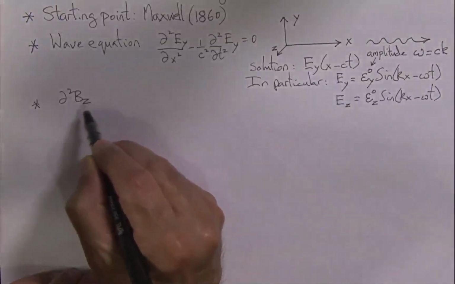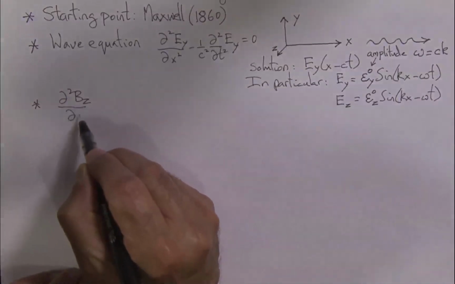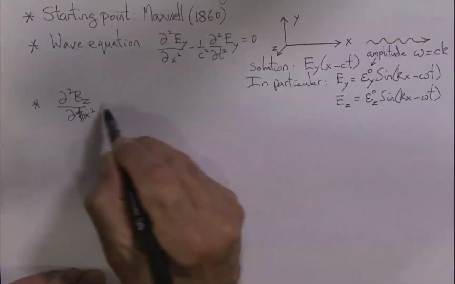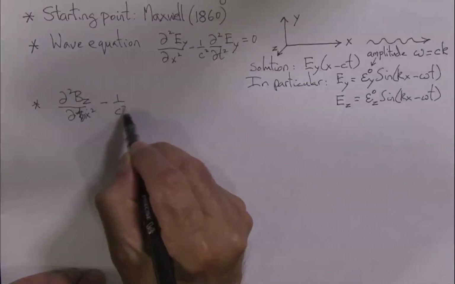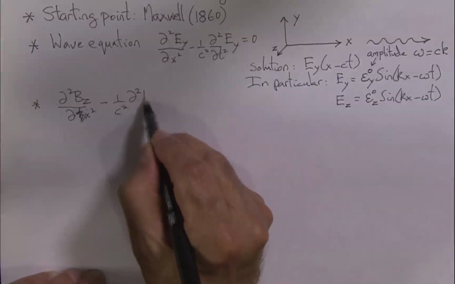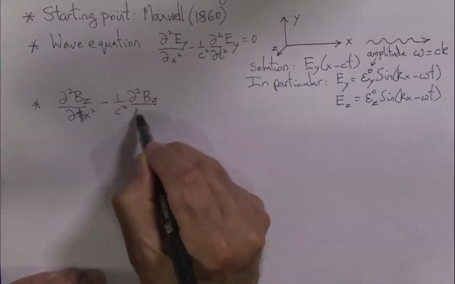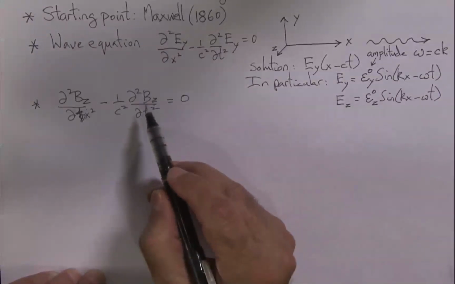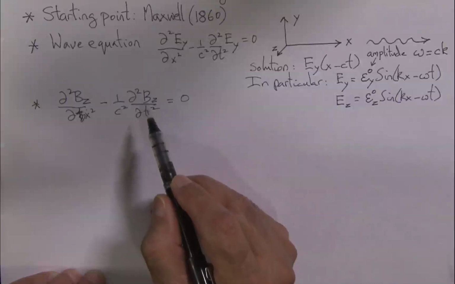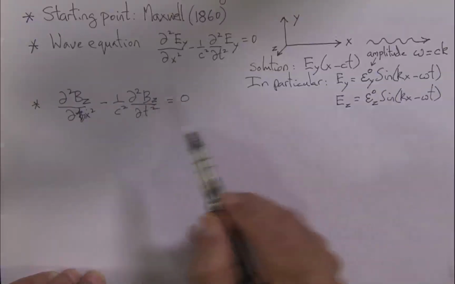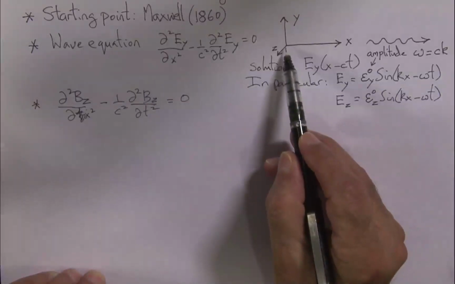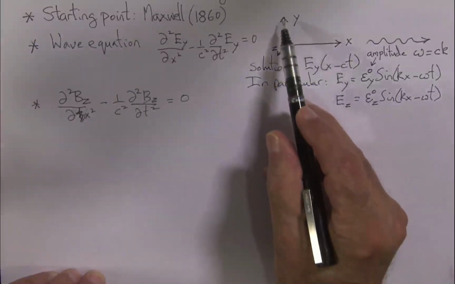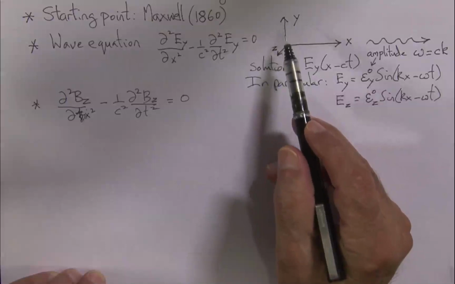And d2Bz/dx squared minus 1 over c squared d2Bz/dt squared, that's equal to 0. Now, this is the wave equation for the magnetic field. The magnetic field is perpendicular to the direction of travel, to the electric field as well.